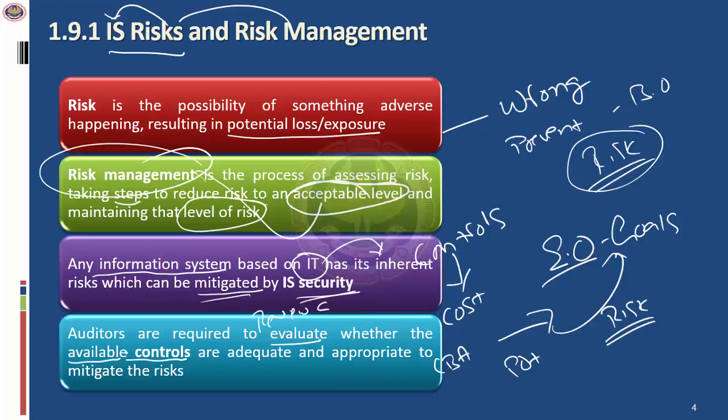Now, if you look at the key terms, these 3 A's are important. Controls are available, adequate and appropriate. For what? To mitigate the risks. What is the objective of mitigating the risk? To bring the risk to an acceptable level. You remember this is what we discussed? This is the ultimate objective of risk management. So the management is supposed to have done this. We have to verify and validate whether the management has done proper risk management to bring the risk to an acceptable level.